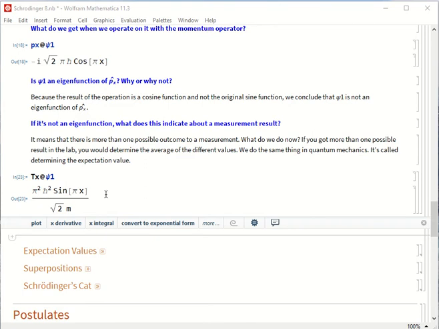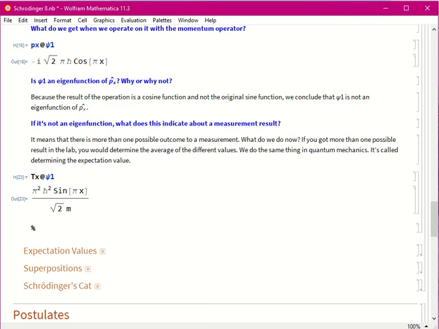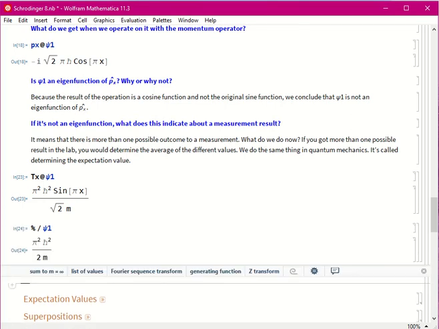The percent sign in Mathematica means that we are using our last result. And if we divide by our wave function, what we get after dividing our result out by the wave function becomes our eigenvalue. And again, you see it's a constant, pi squared h bar squared over 2m. That would be the kinetic energy of our particle.